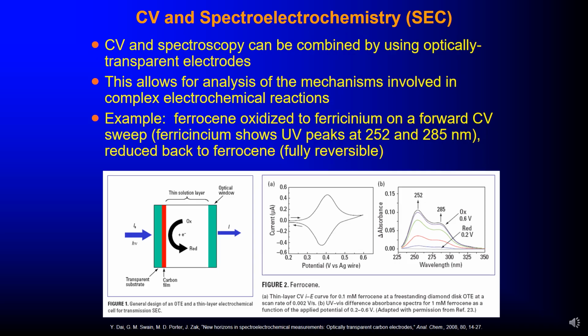Then we come now to cyclic voltammetry and spectroelectrochemistry. As we remember, cyclic voltammetry and spectroscopy can be combined by using optically transparent electrodes. This allows for analysis of the mechanism involved in complex electrochemical reactions.